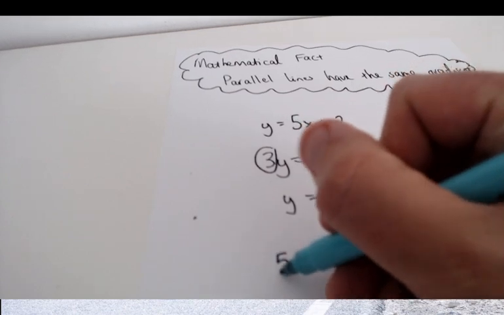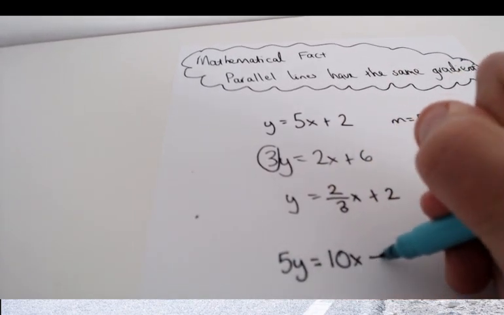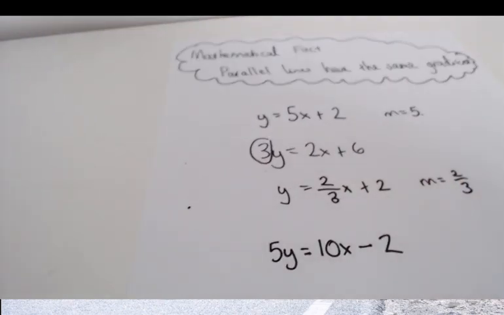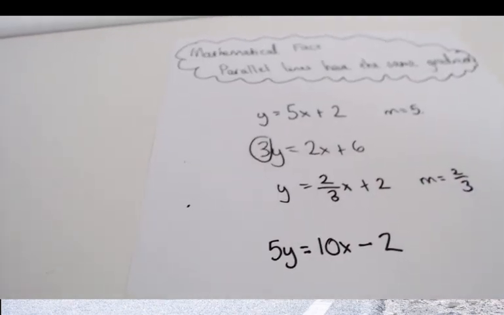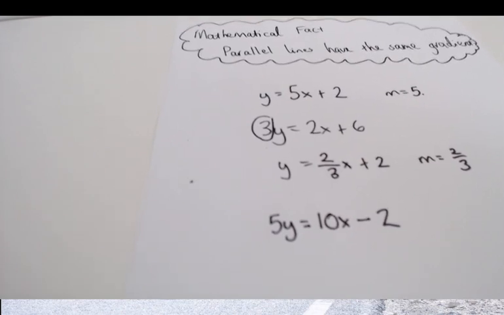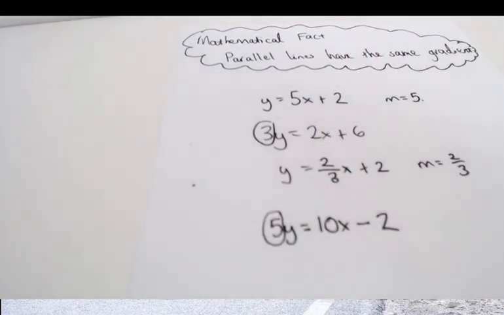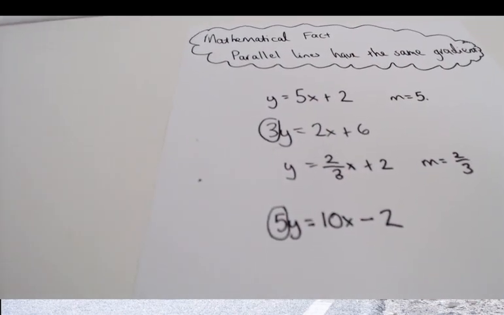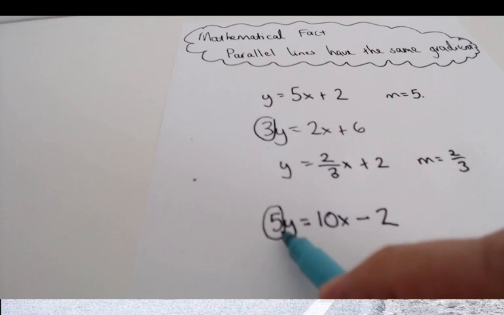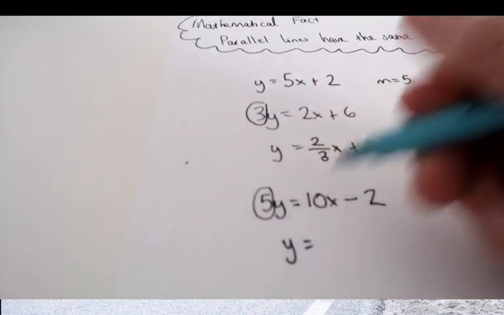Let's say we had 5y equals 10x minus 2. Again, the gradient is the number before the x, but only when the equation says y equals. This time the problem is the 5. I want rid of the 5. I'm going to take it to the other side. Again, it's multiplying over here. If I take it to the other side, it's going to divide. So I'm going to get y equals.